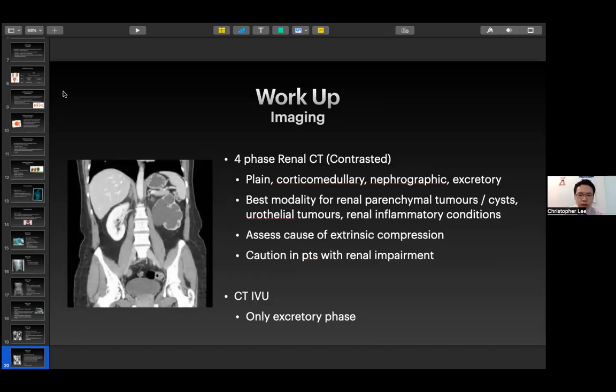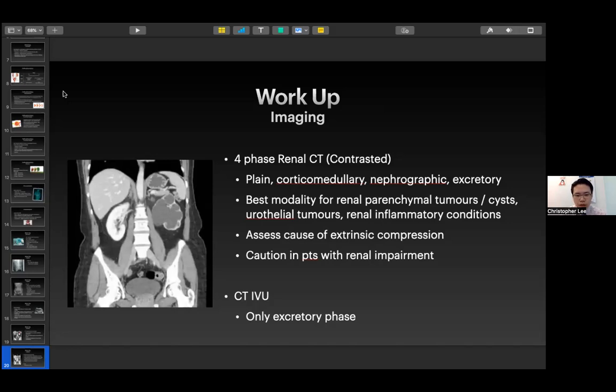This is the best modality for renal parenchymal tumors or cysts, any urothelial tumors, or renal inflammatory or infective conditions. It can also assess causes of extrinsic compression because it not only looks at the genitourinary tract, it can see the entire content of the abdomen as well, abdomen and the pelvis.